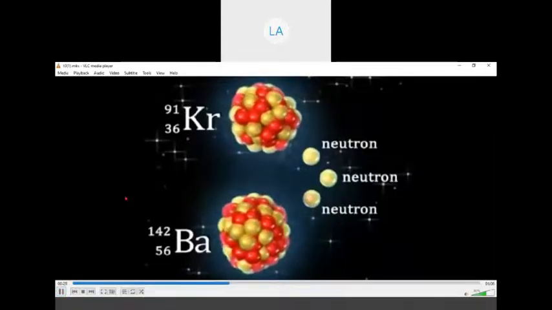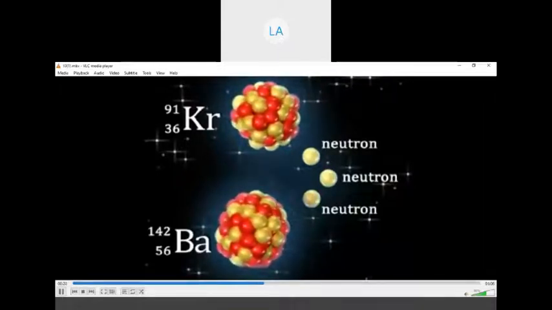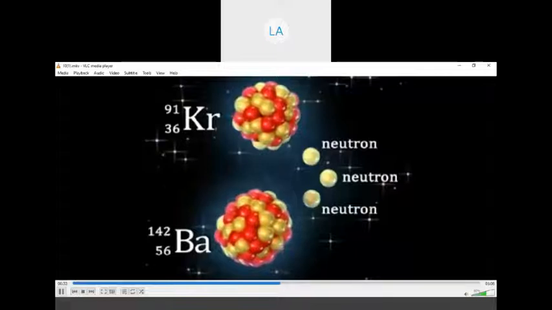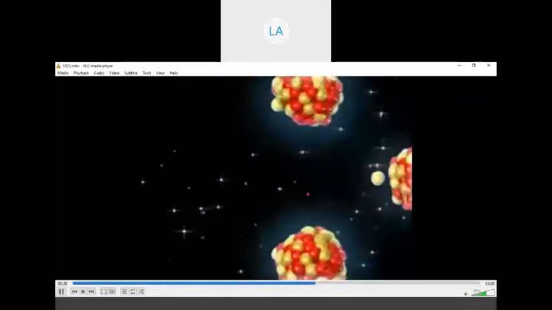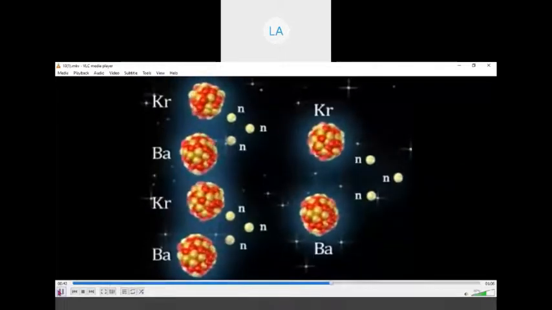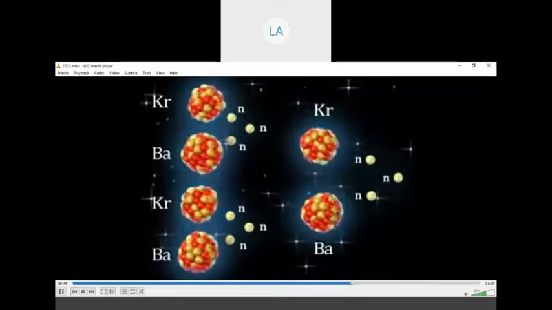The collision produces U-236, which immediately splits into two lighter elements such as krypton-91 and barium-142. The fission event also releases three neutrons and energy. The three neutrons are capable of initiating more fission events if they encounter a uranium-235 nucleus.